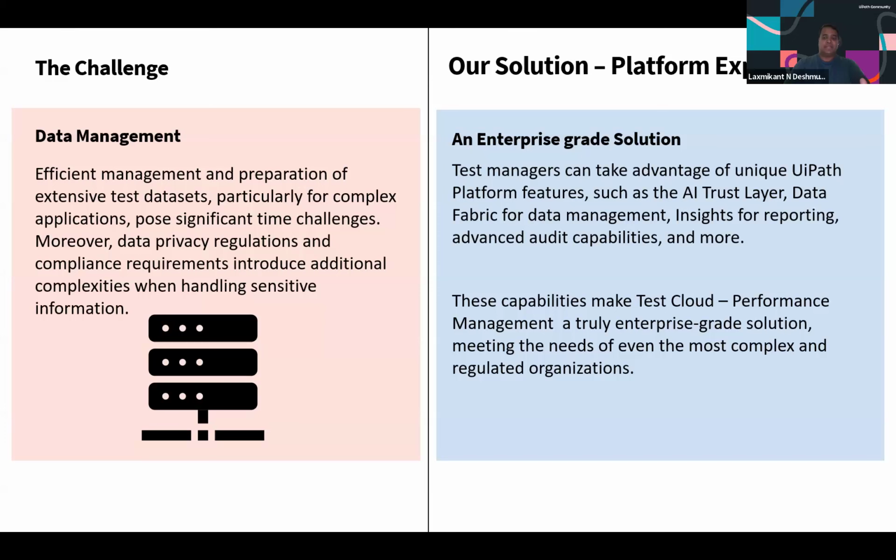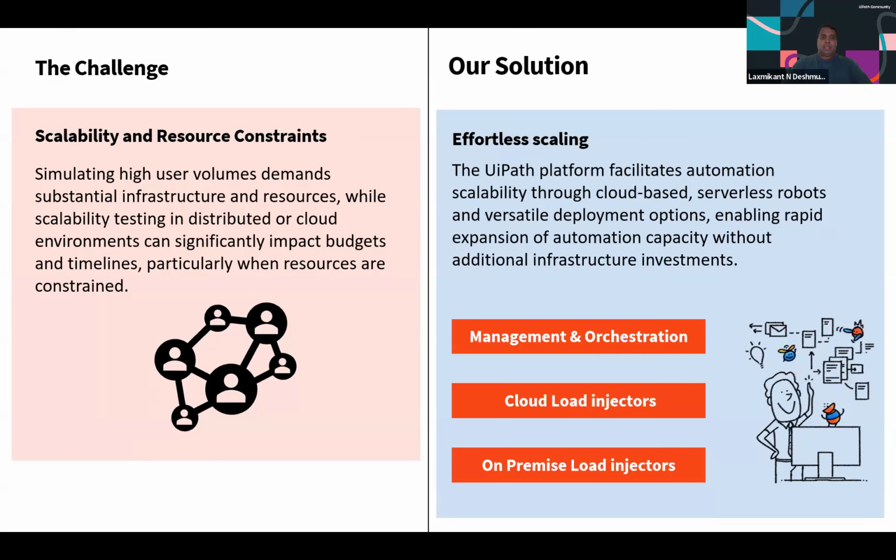regulated organization scenarios. As I said, if you have to generate the load using any open source solutions, scalability and resource constraints are there because you have to depend on third-party cloud solutions like AWS or GCP or Azure that can help you use their infrastructure at a cost, but that becomes a very costly affair.